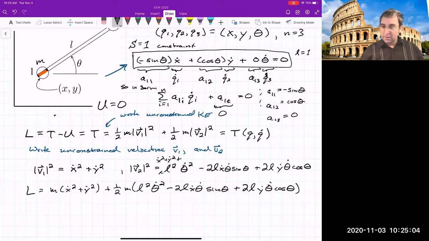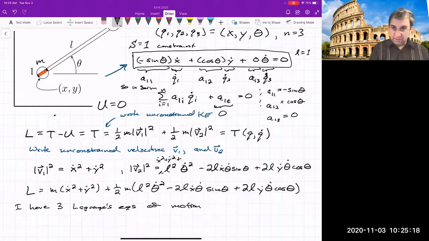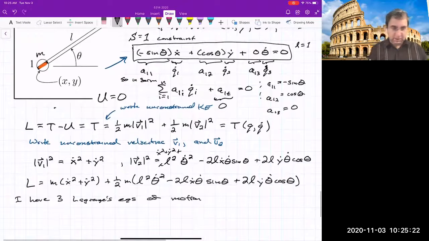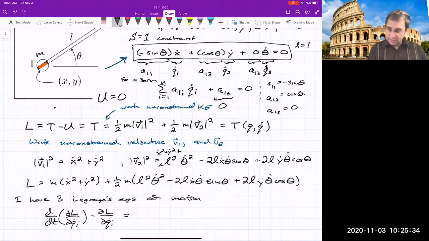I have 3 Lagrange's equations of motion, right? Because I goes from 1 to 3. So what's that going to be? Take the total derivative, partial L partial qi dot, minus partial L partial qi equals, and now, what do I have on the right-hand side?